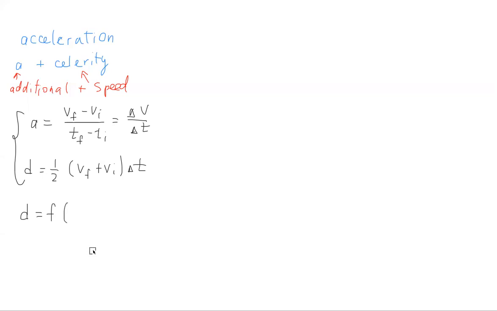So this will be a function of V initial, acceleration, and delta T. Let's call it F1, function 1. And then the second one will be another function of V initial, V final, and acceleration, but no time.